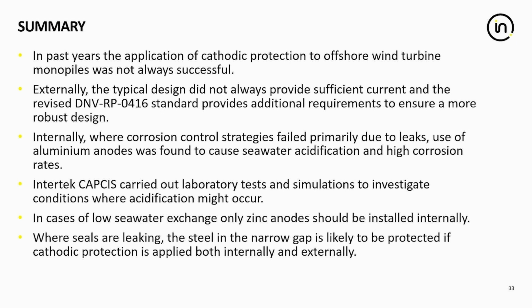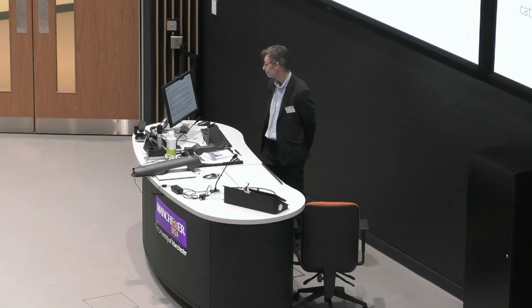Internally, where corrosion control strategies failed, it's best not to use aluminium anodes because they can cause seawater acidification if the exchange of seawater isn't sufficient. Zinc is a much better option. And where seals are leaking, you will probably get satisfactory protection into the gap as long as good protection is applied both internally and externally.